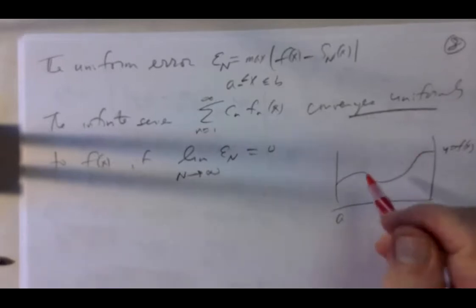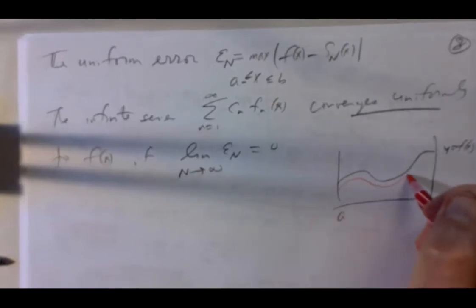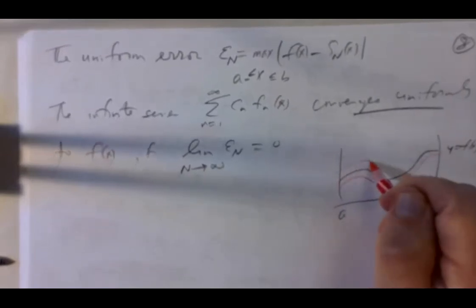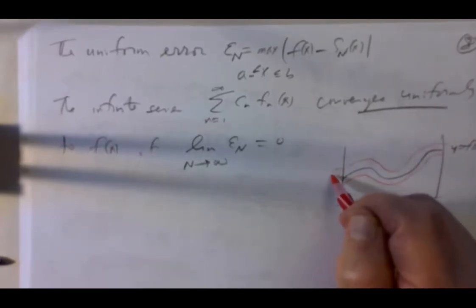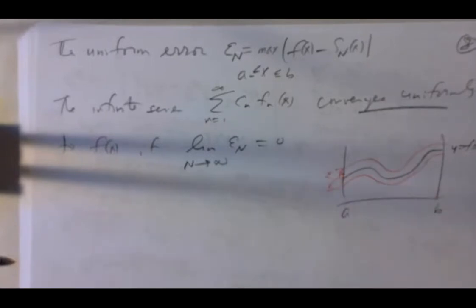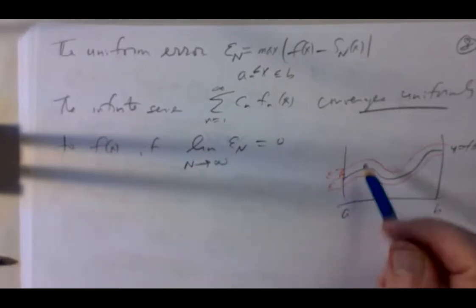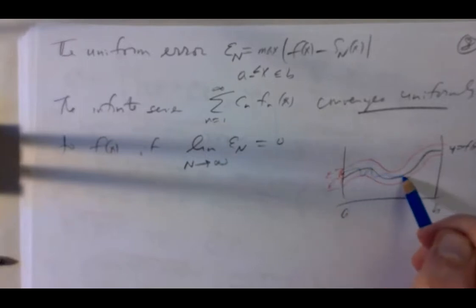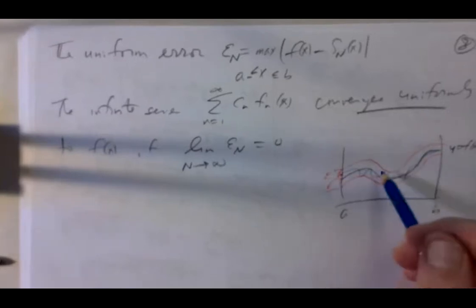If you take any epsilon neighborhood of this, so this is epsilon, then Sn of x is always in this little thin strip around the curve.